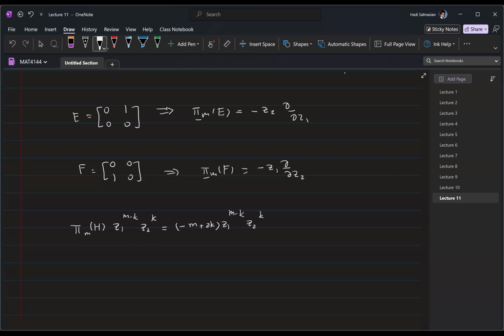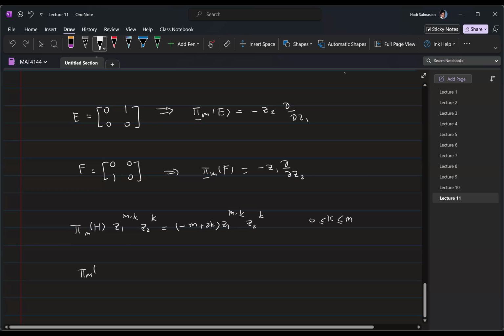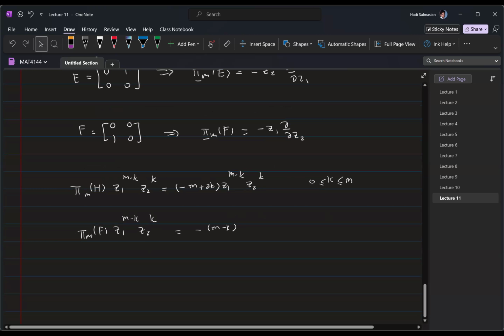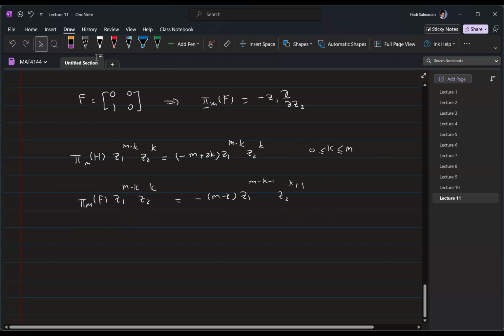And the range of k is between 0 and m. And pi_m(e) on the same monomial will be minus (m-k) z1^(m-k-1) z2^(k+1). And pi_m(f) gives minus k z1^(m-k+1) z2^(k-1).